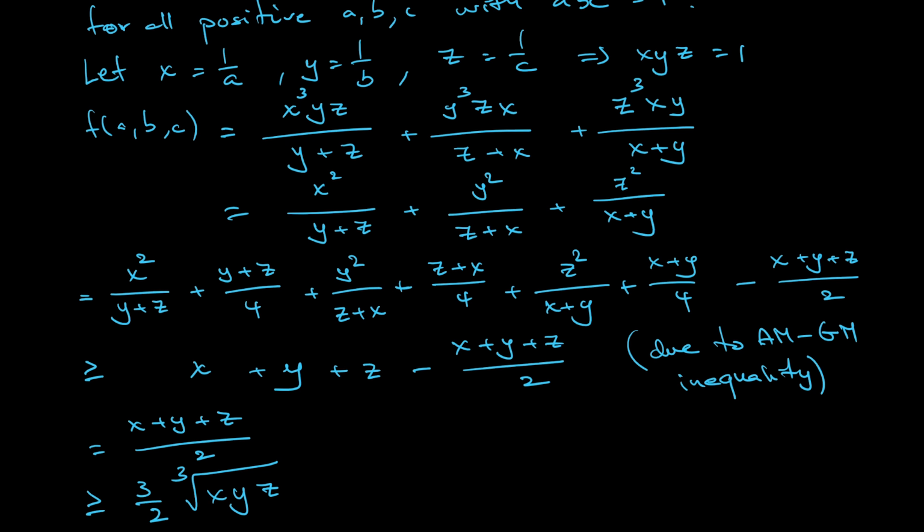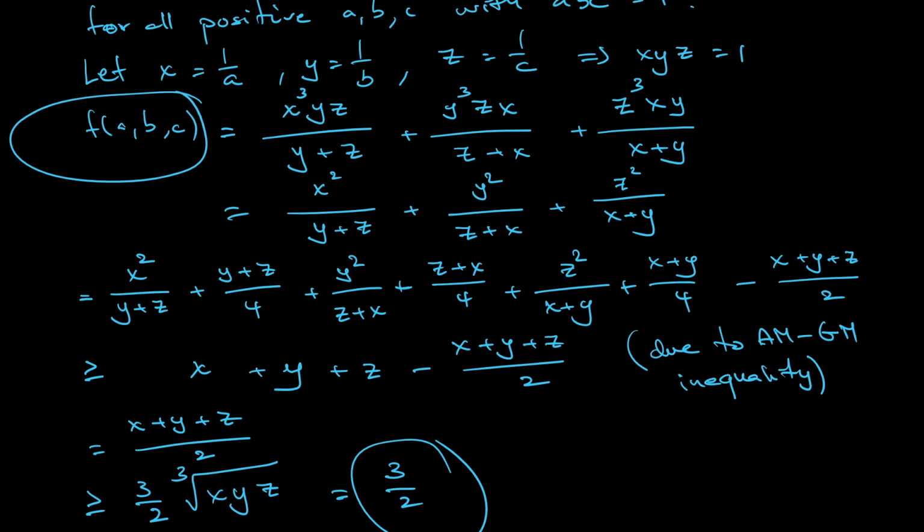The reason being that I know the value of xyz. And this is obviously just equal to 3 over 2. So no matter what it is, as long as the product xyz is equal to 1, this function will always be greater than or equal to 3 over 2.